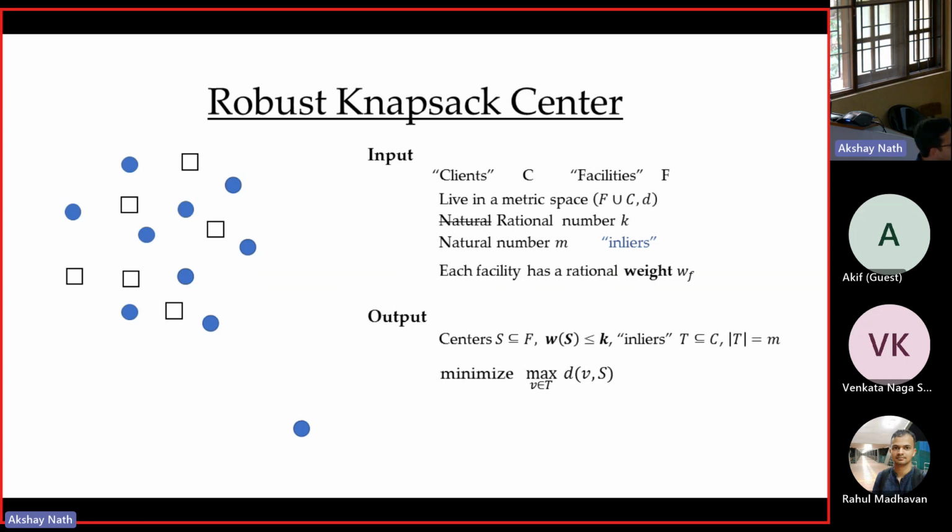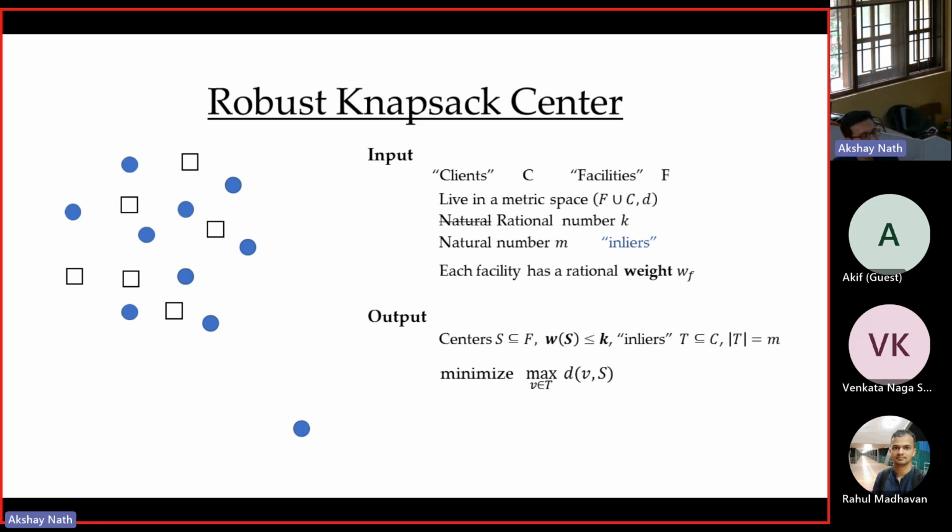K is this budget. And again, the robustness version is still there. I need to find a subset of clients whose total number is at least M, and I want to minimize the maximum distance. So this is a generalization. And you can think of the generalization already without the robustness. I want to find centers whose total weight, the total budget to open them, is at most k, but everybody needs to be covered.